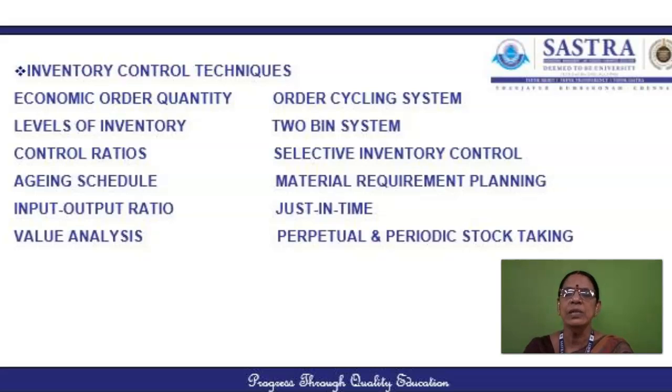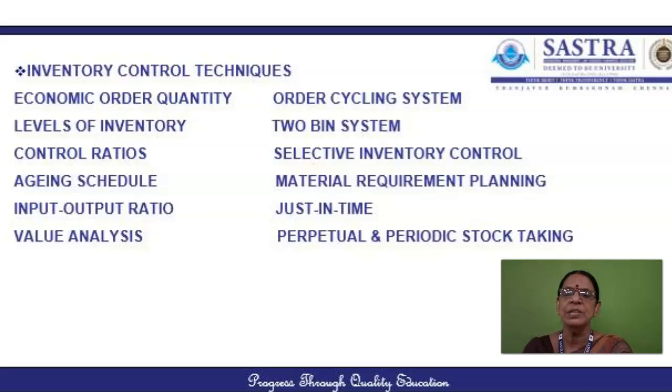Now we shall see the different types of inventory models in brief. We will have two main kinds, that is deterministic model and probabilistic model. Deterministic models go with the certainty and probabilistic models go with the uncertainty.